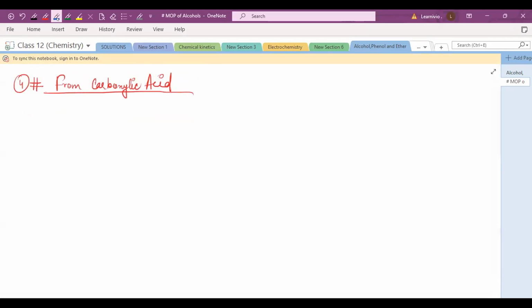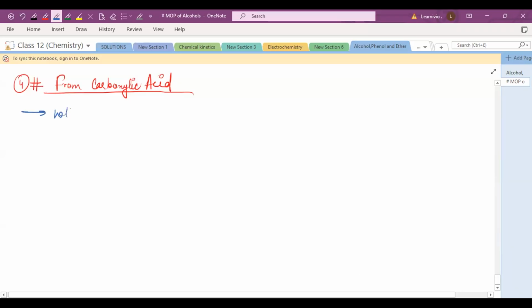Now, again, we will reduce the carboxylic acid. So when carboxylic acid is reduced using lithium aluminium hydride, it will convert to primary alcohol, okay, and the number of carbon atoms will not be increased or decreased.